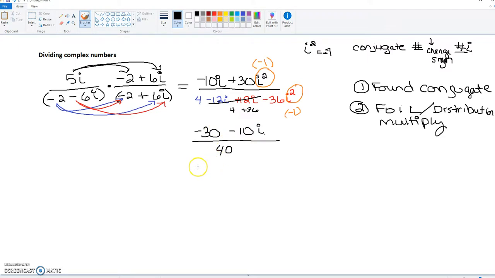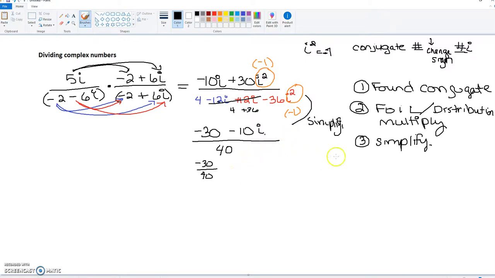So what we're going to do is have negative 30 over 40. So we're going to put simplify. This step between here and here was the simplify step. Forgetting my F there.